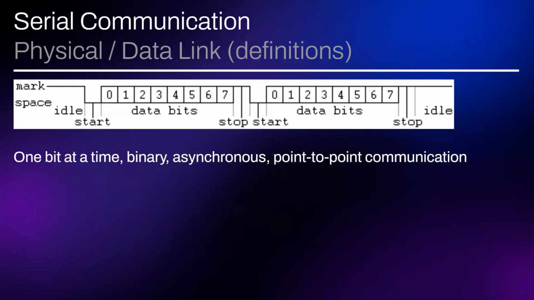So it's not a bus. You're not talking to 5 devices on a single communication line. And if you really try to nail this down, every single one of these is a lie at some point. So 1 bit at a time in binary. We were talking earlier about modems.